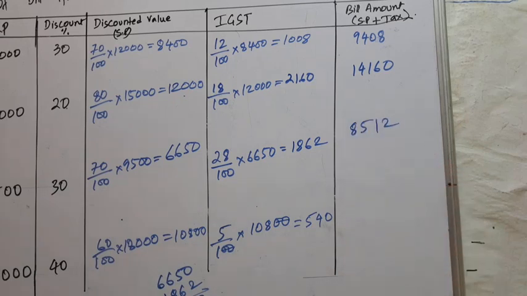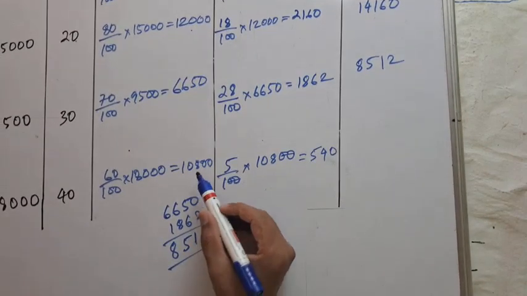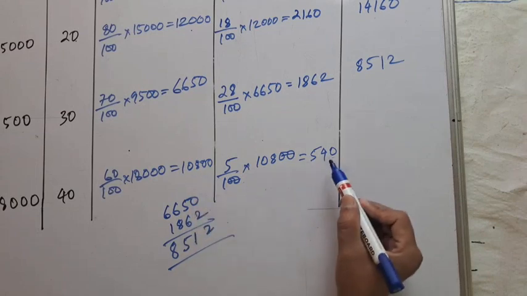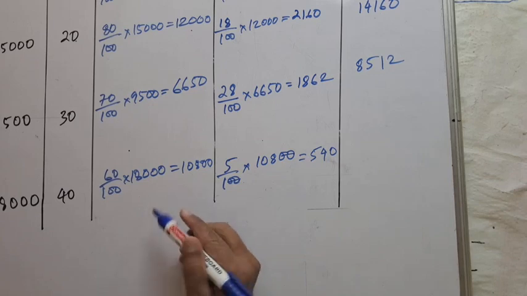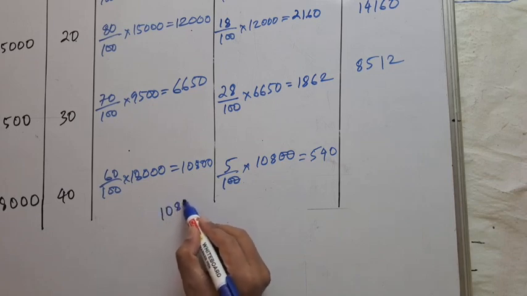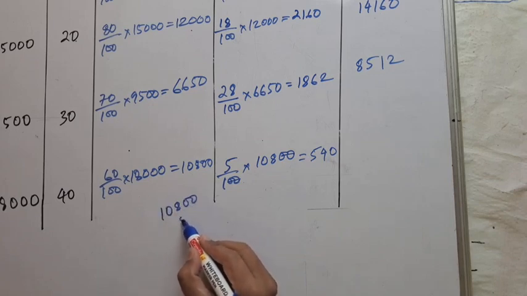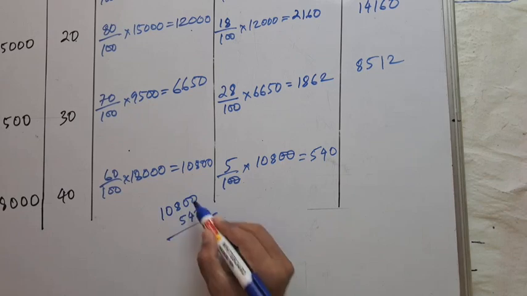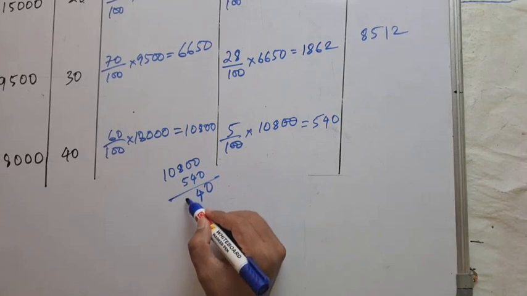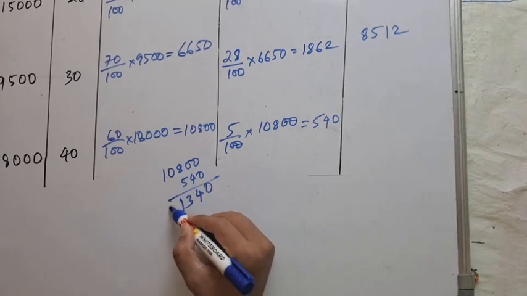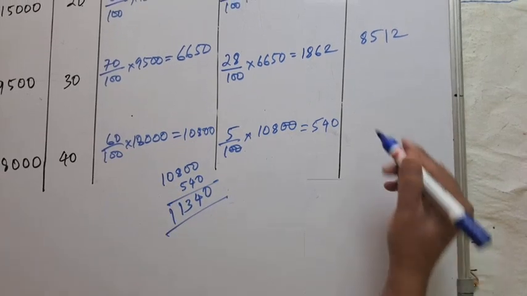Okay, and the fourth one, the selling price is 10,800 and the tax is 540, isn't it? So we add up 10,800 plus 540. So 0, 4, 8 plus 5 is 13. 0, 1, 1. 11,340.